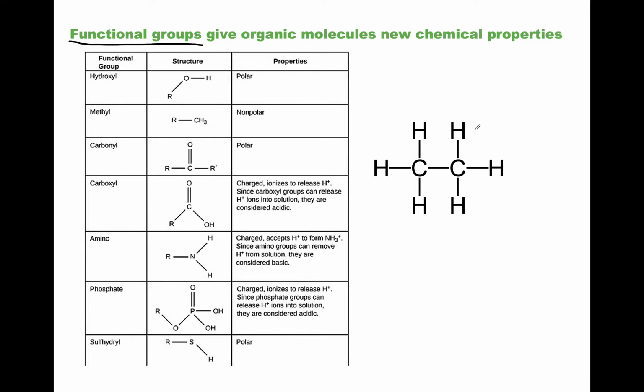So let's start with ethane. It's a plain old carbon and hydrogen molecule. It's a hydrocarbon. Now let's see if we can replace this hydrogen with a hydroxyl functional group. Now you notice this R here, this represents the carbon-based molecule to which these functional groups are attached.